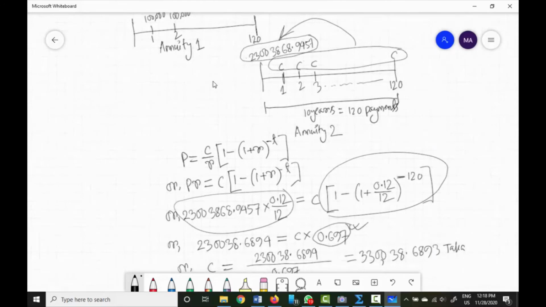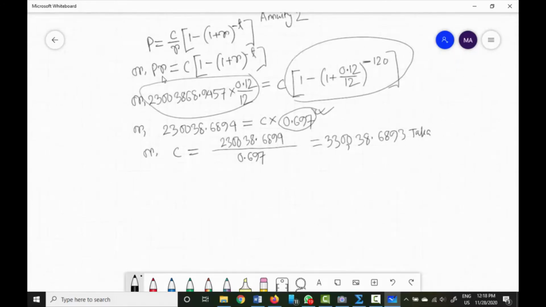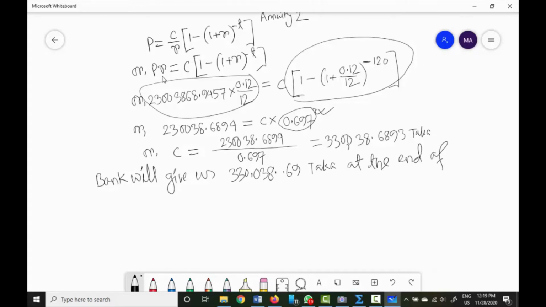So the comment will be: the bank will give us 330,038 taka 69 paisa at the end of every month for the following 10 years.